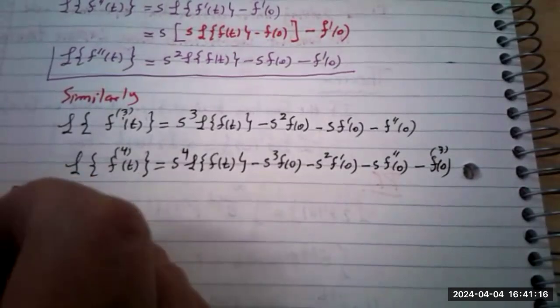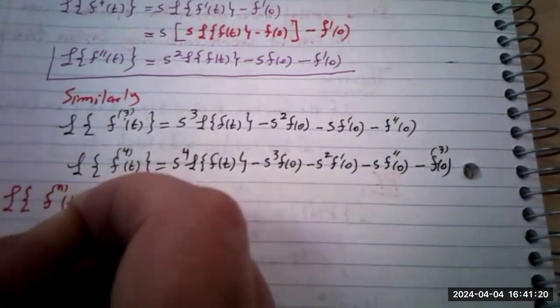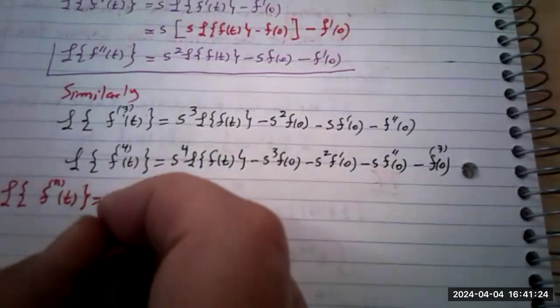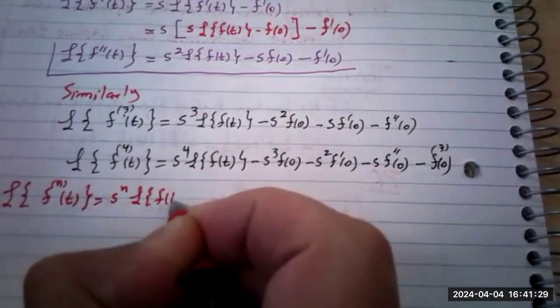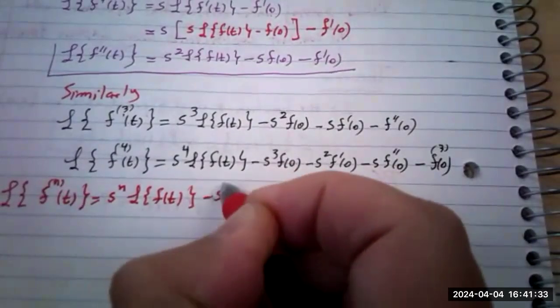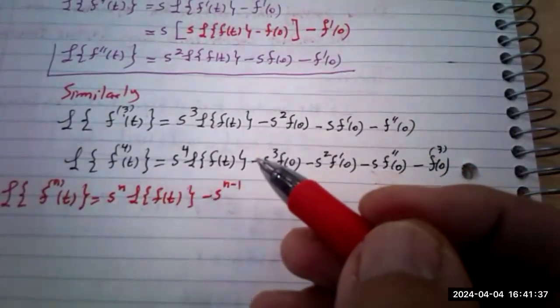If you have the nth derivative, for example, you start with s to the n times the Laplace of f of t. That's your first step. Then you reduce it, s to the n minus 1, and bring in the zero-order derivative, f of 0.